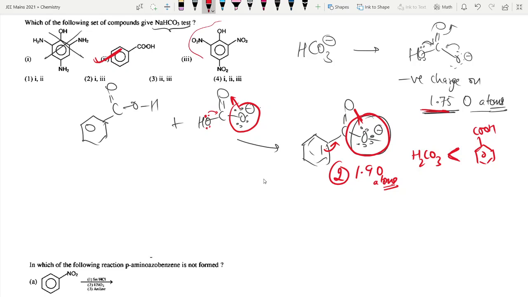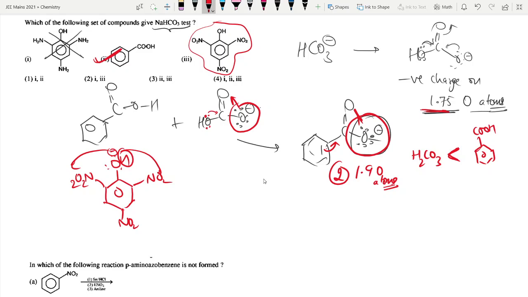And then now we have picric acid. This picric acid is very interesting because it looks like a weak acid, but you can see that if the acidic hydrogen is lost, the minus charge can reach till these oxygens of the NO2 group.